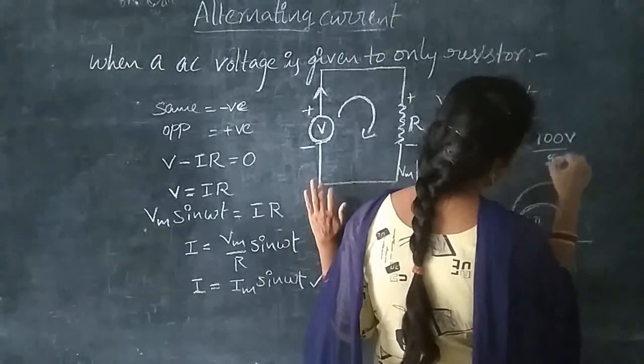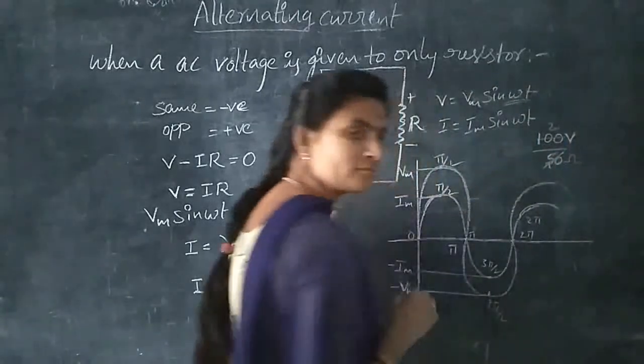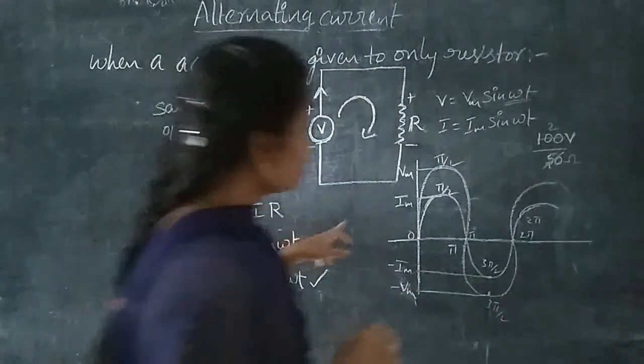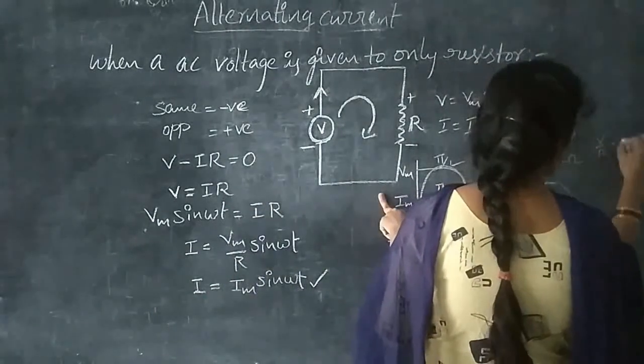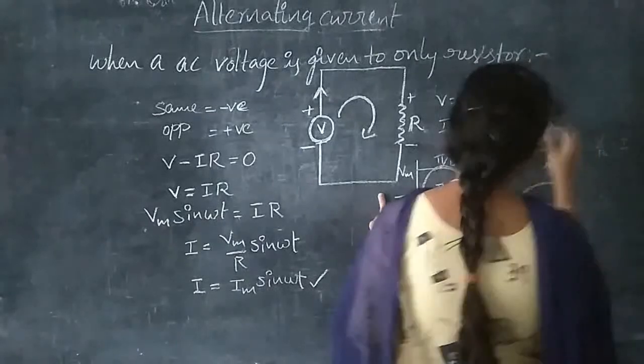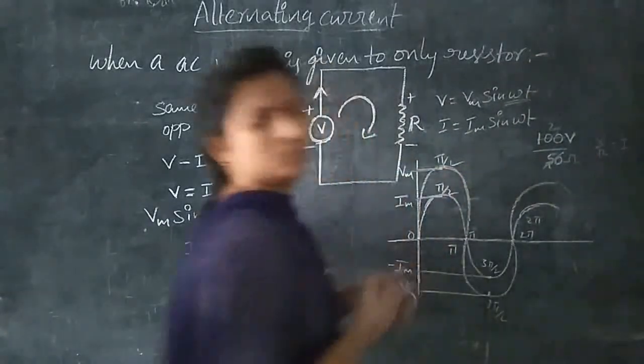Here V by R is nothing but I, so it will give a low value compared to voltage.